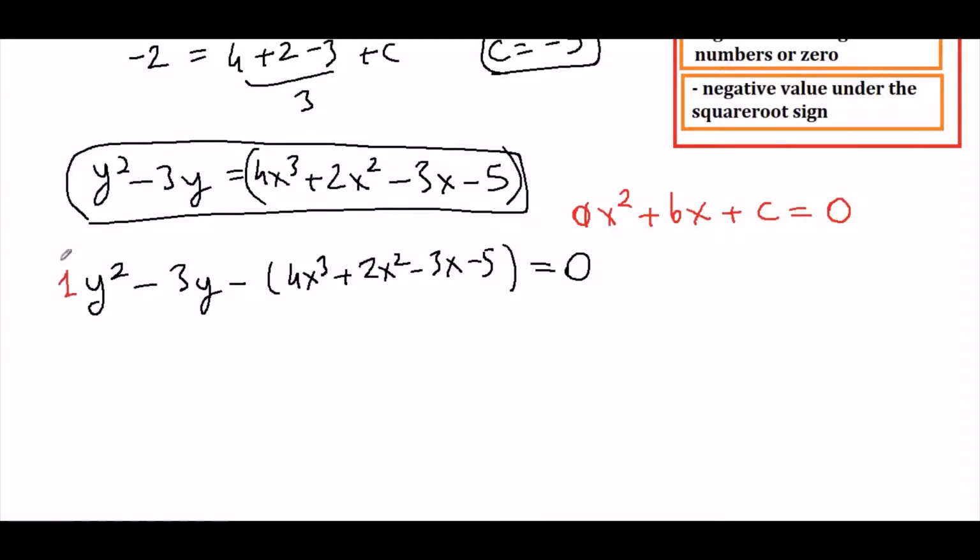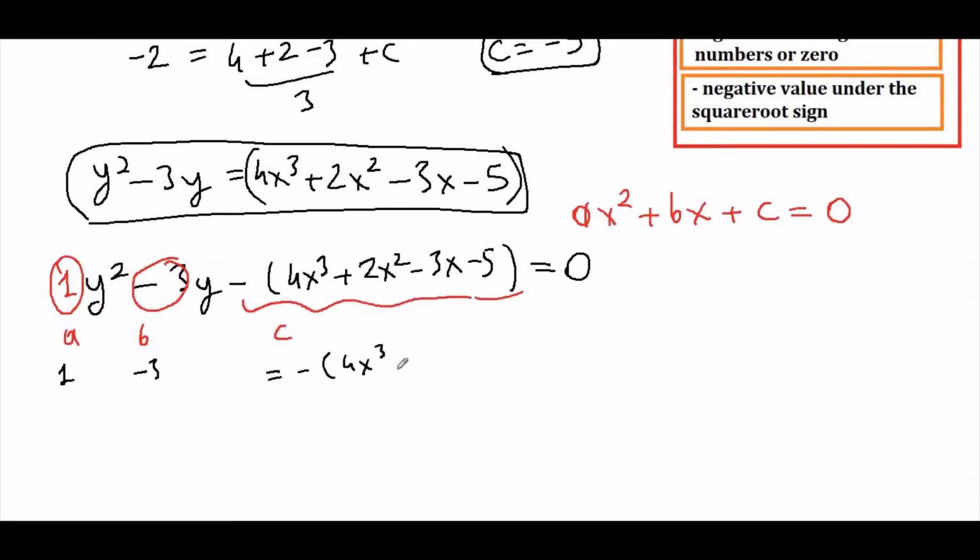This is our a term, this is our b term, and this is our c term. So our a term is 1, our b term is negative 3, and our c term is negative 4x cubed plus 2x squared minus 3x minus 5.